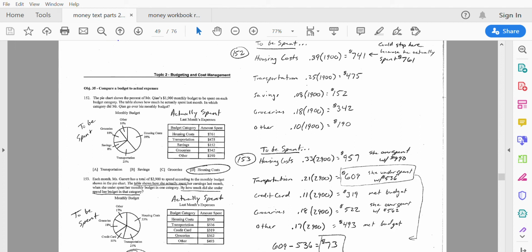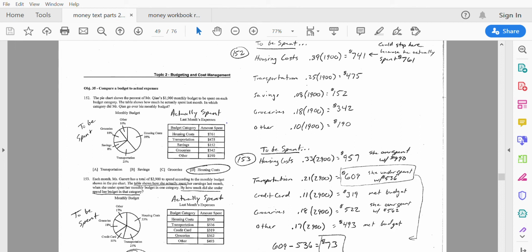What we do here is we take the categories, which are the titles around the chart, and write those all right here. There are 5 things the pie chart and the table are made up of. We figure out how much he has set aside, because the pie shows percentages, and we want to know how much money that is, because the table shows actual expenses.